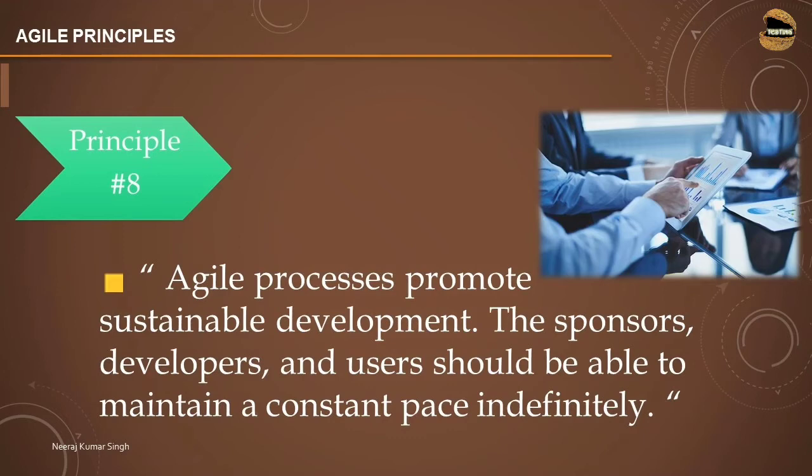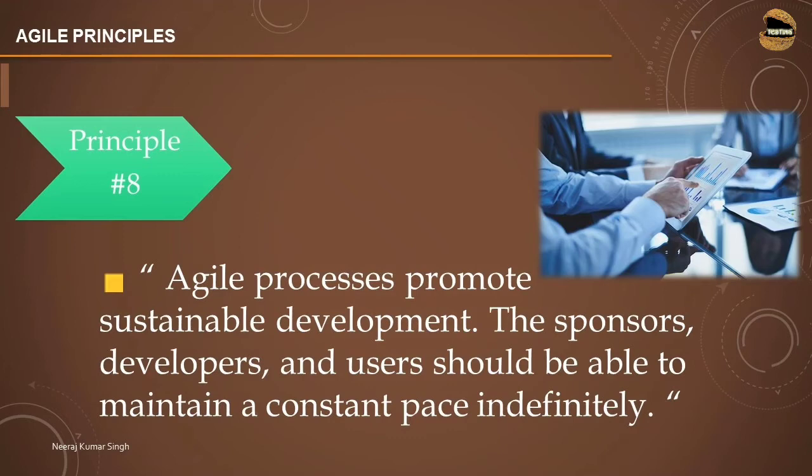Thus, you do not have a good pace to maintain constant consistency of delivering the product at the same pace. So in Agile, we say more importantly that when sponsors, developers, and users work together, they should maintain a constant pace throughout the life cycle of the product and constantly deliver the same or a proportional piece of code or working software at different intervals of sprints.